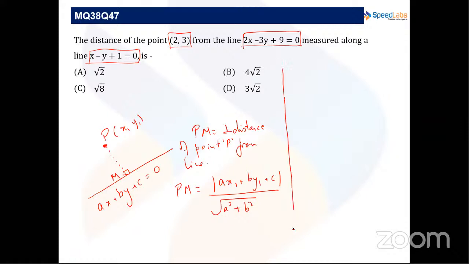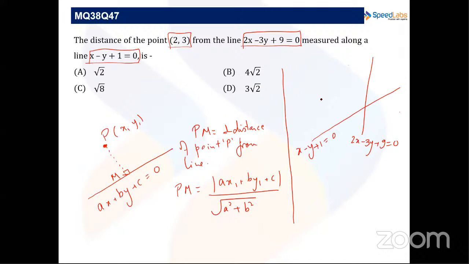But in this question, we have some line. Let's say this is our 2x minus 3y plus 9 equals 0, and we have another line, x minus y plus 1 equals 0.